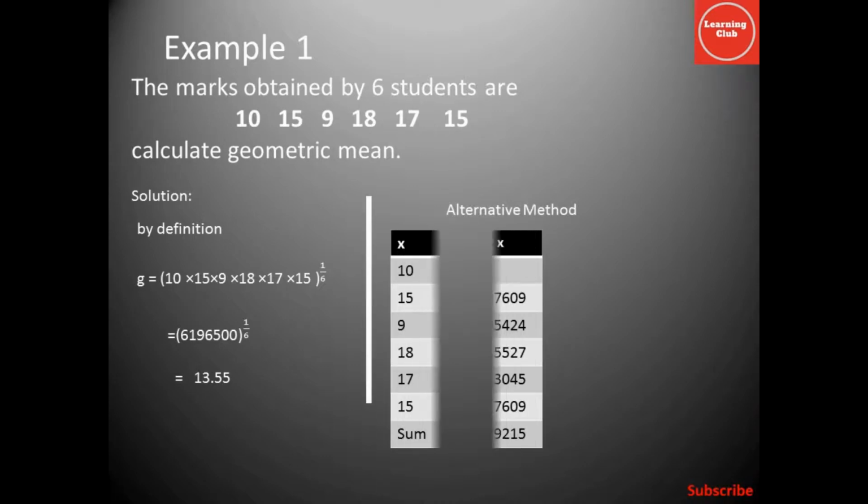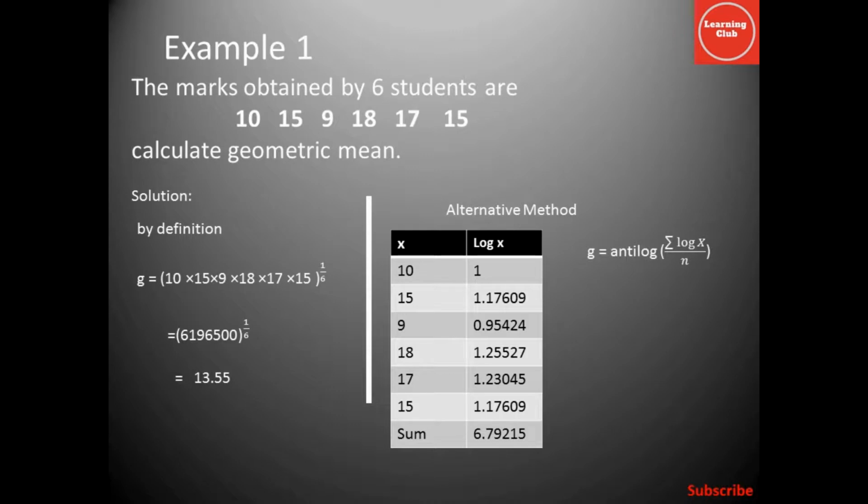An alternative method which is used is G is equal to antilog of summation log x divided by n. It means we have to take the log of each value of x. So in the second column, log 10 is equal to 1, log 15 is equal to 1.17609, and so on and so forth to the last value, log 15 is equal to 1.17609.